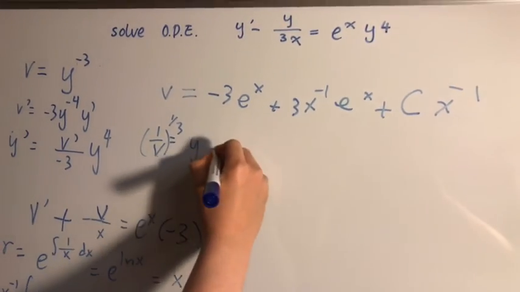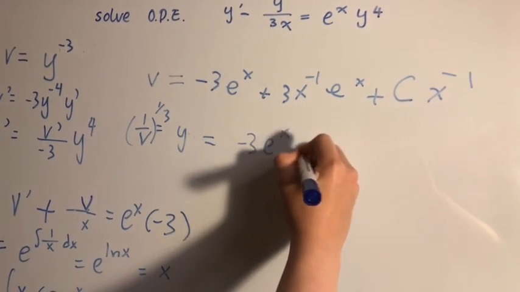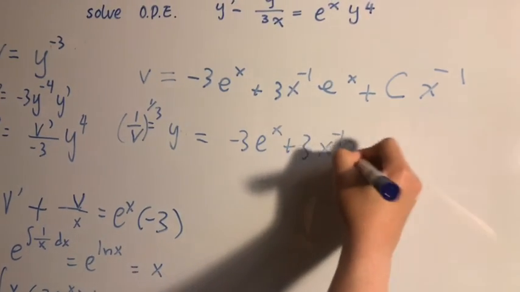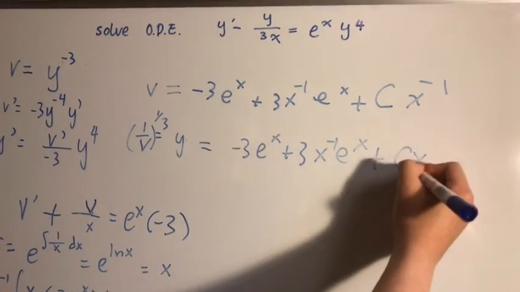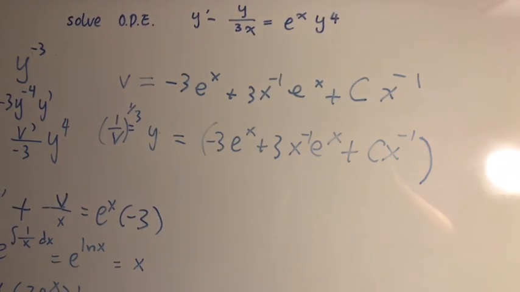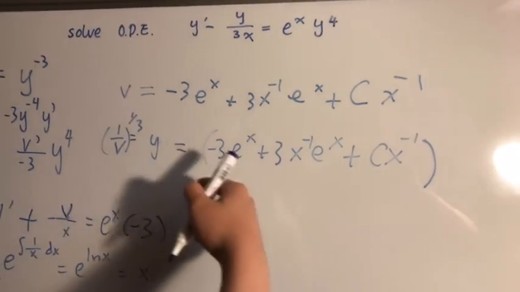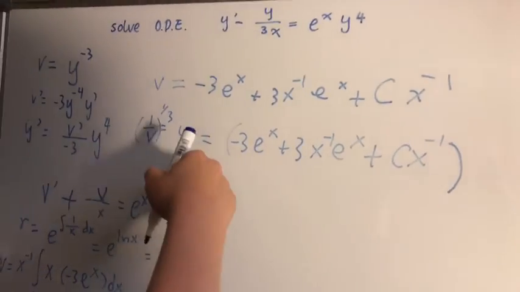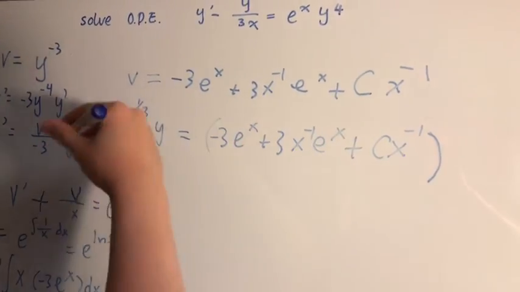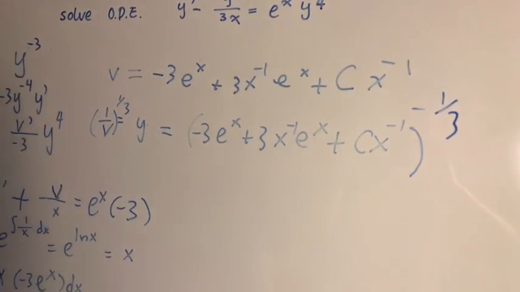So y is, just copy v down, to the power of 1 over v to the power of 1 minus 1 over 3. So that's just to the power of negative 1 over 3. And so yeah, we've arrived at y.